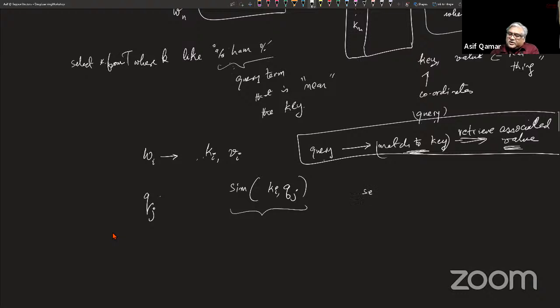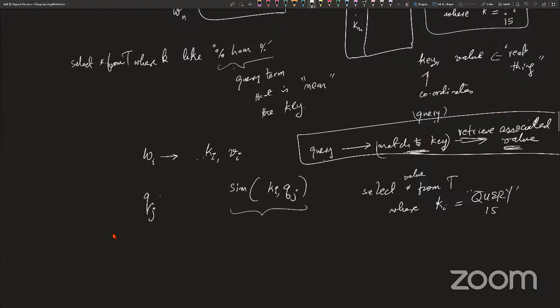So look at the sentence: select something from. Maybe I can say select value from some table T where ki is equal to some query object, some query value, right? Something like 15 or something like that.